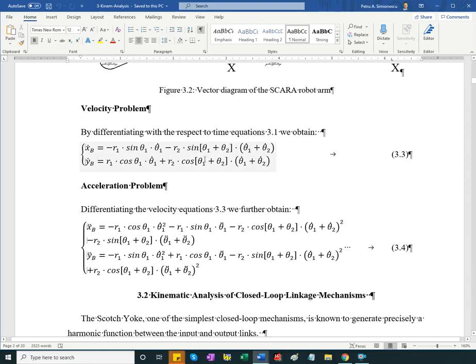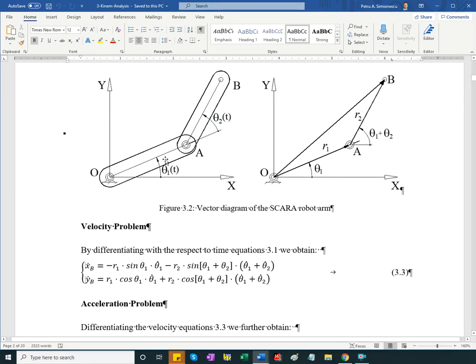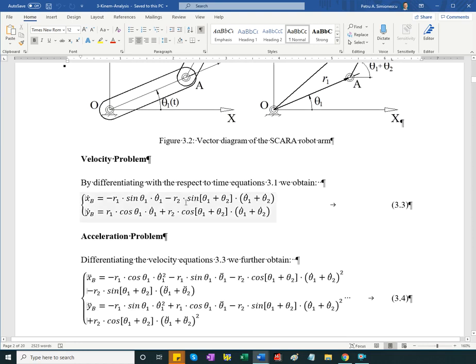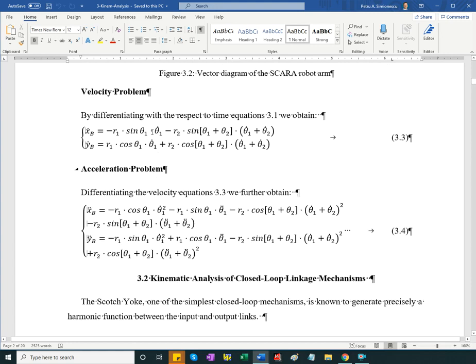Remember, theta 1 and theta 2 are functions of time, so that's why we multiply by their derivative, that is theta 1 dot, which is the angular velocity of the motor at O, and then for the second term, again, cosine turns to negative sine, and the arguments theta 1, theta 2 are functions of time. And below, likewise.